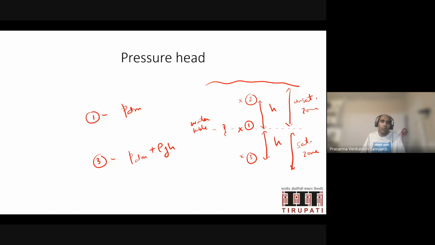Now what about the pressure at point number 2? Will it be the same as atmospheric pressure? Will it be less than atmospheric pressure or something else? Or will it be atmospheric minus rho gh?